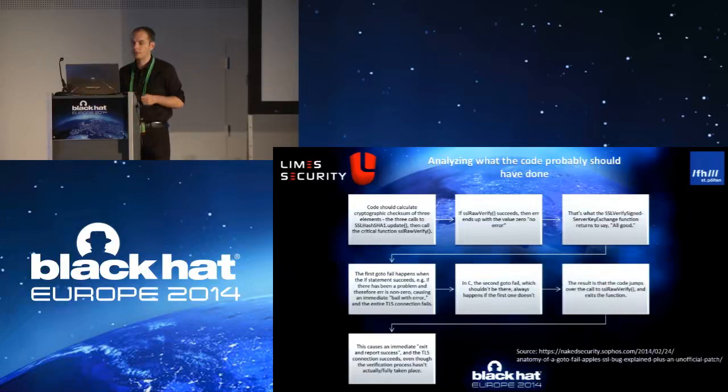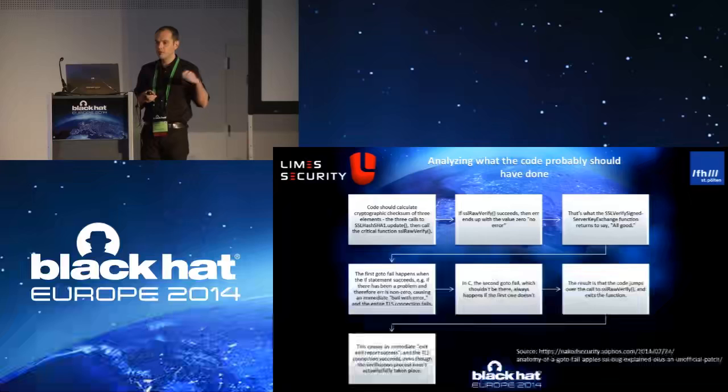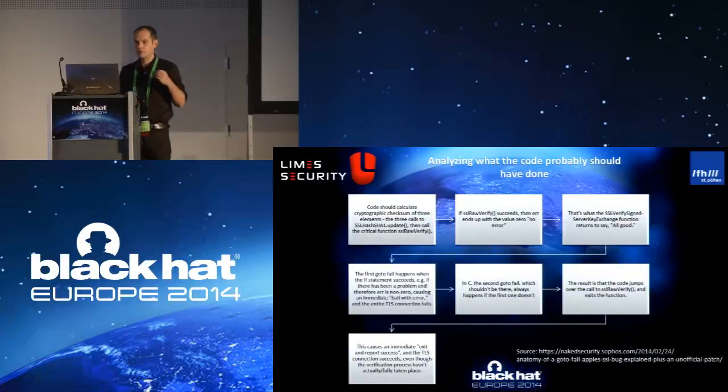The problem here really was that if the very first goto fail succeeded, this meant there had been a problem, the error is non-zero, and the connection wouldn't continue, right? In C, of course, the second goto fail always happens if the first one doesn't.